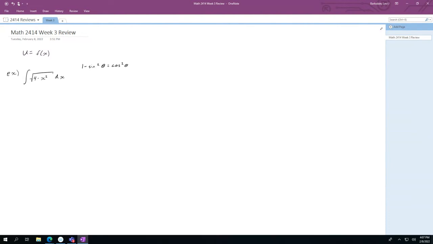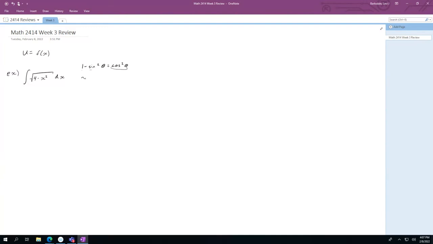I want to make a substitution because I have something of the form a constant minus a variable. If I can put in something squared, then the square root of something squared would just give me the thing originally. So that's my end goal.